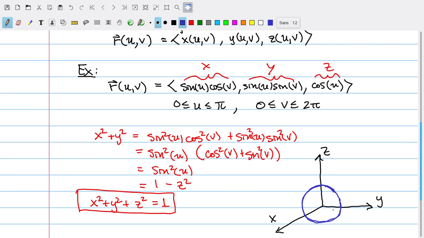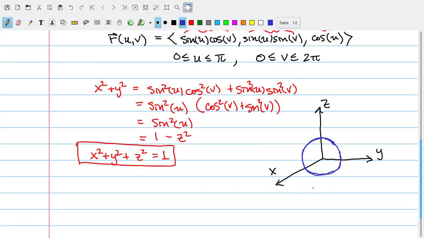But if I also think now about spherical coordinates, in the spherical coordinate system, to write down a particular point on the sphere of radius 1, I'm just going to take rho to be 1, and I'm going to let phi and theta be whatever they want to be.